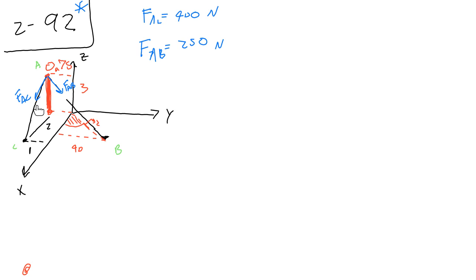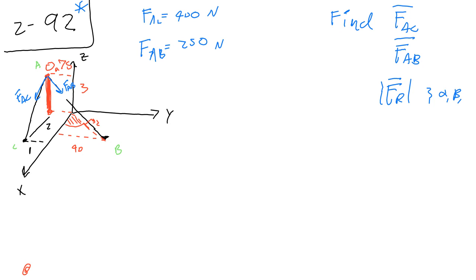Find force AC vector and force AB vector, and find the magnitude of the resultant force and directional angles of it. Okay, I don't know if I have enough time to find all of that, but let's see how far I can get in the next 15 minutes.